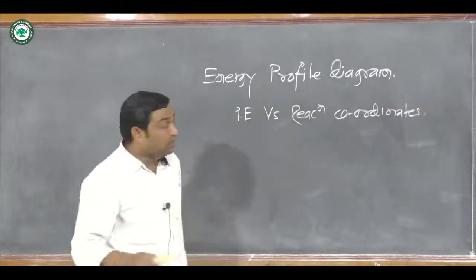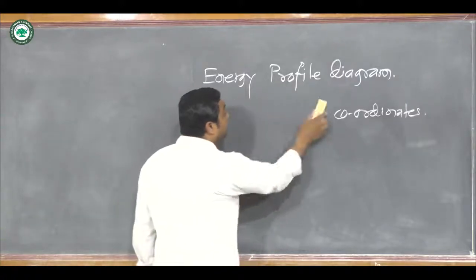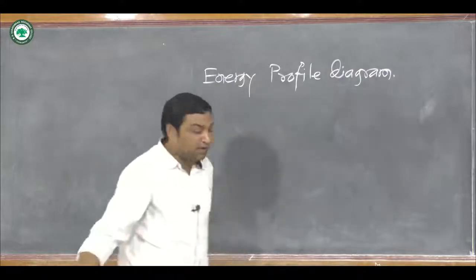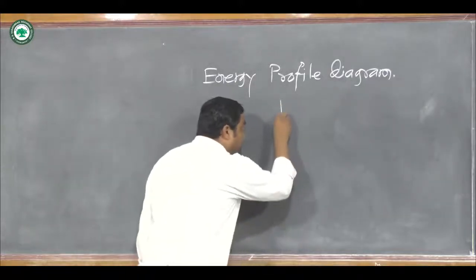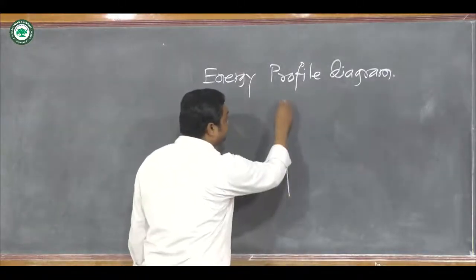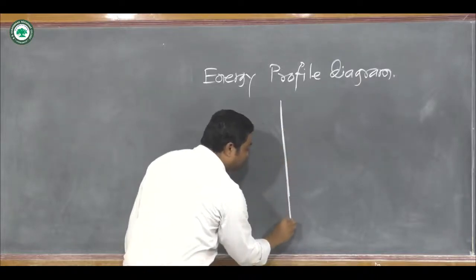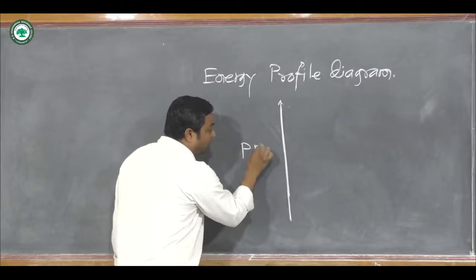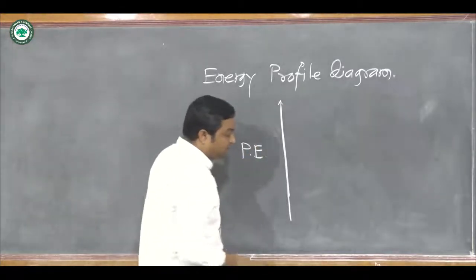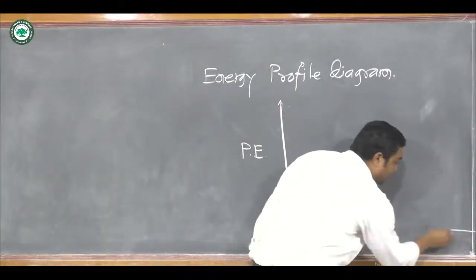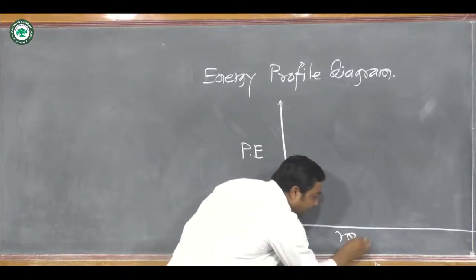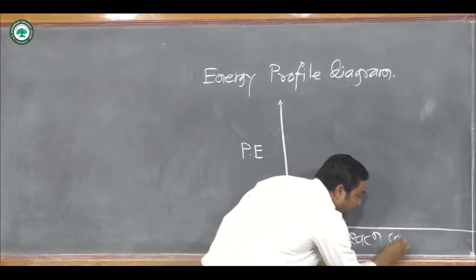Okay, now we are going to see the energy profile diagram. This axis has potential energy, and this axis has reaction coordinates.